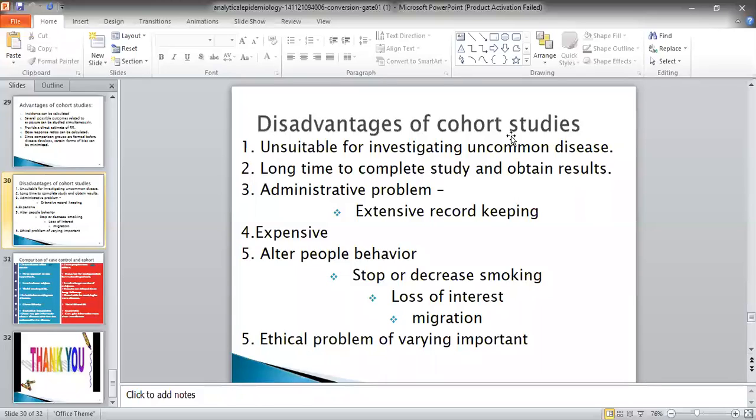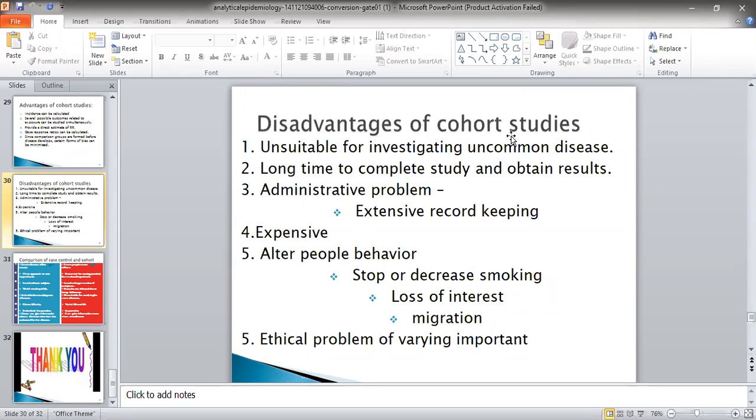Number three is there can be administrative problem because of the multiple follow-ups. We have to maintain the extensive record keeping. So there can be an administrative problem in the cohort study relating to that record keeping. It is expensive because it requires long follow-ups.